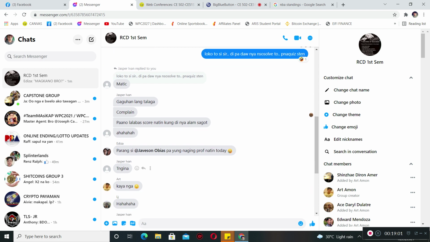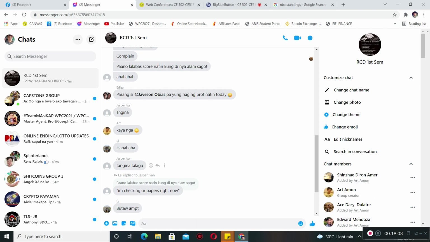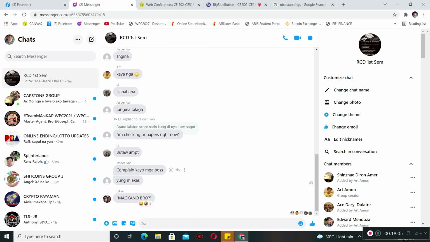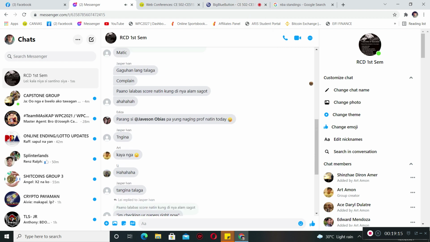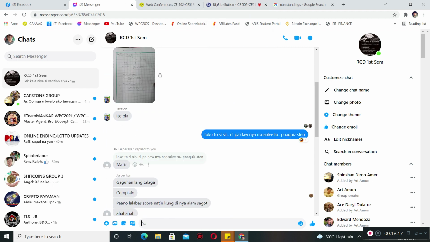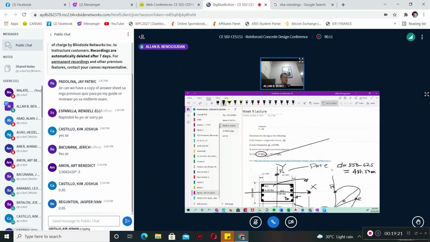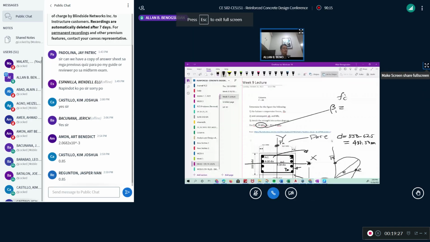0.85. That is for 28 and below, no? Pag 30 above, mag-iba. We're going to use an equation. Is that right? So, those are the things that you have to become particular. Notice what is our B sub 1 when F prime C is greater than 28.